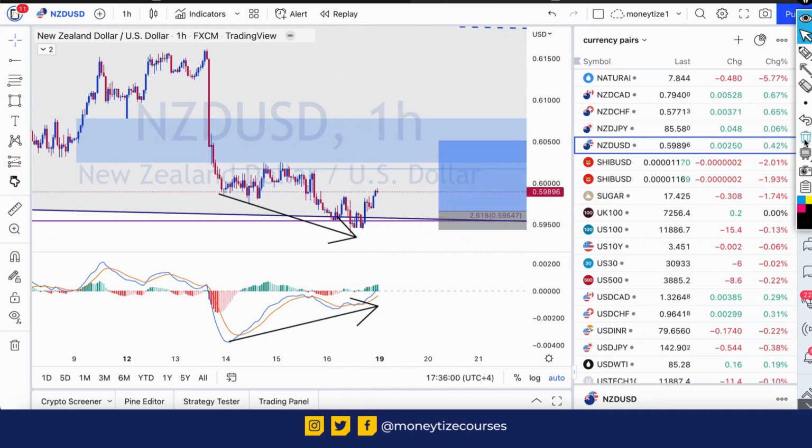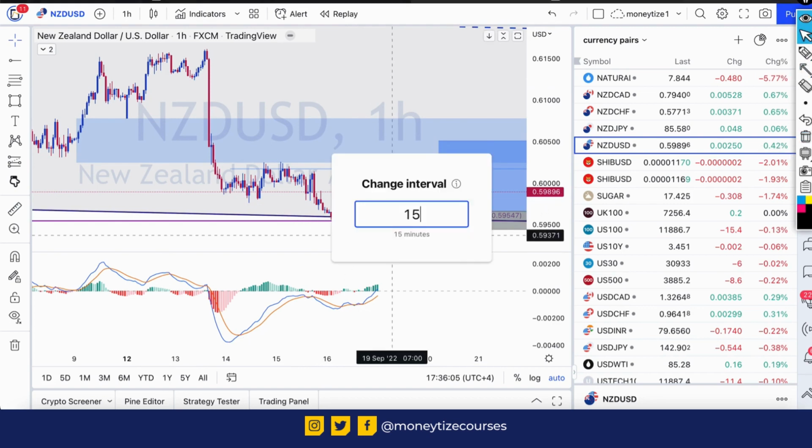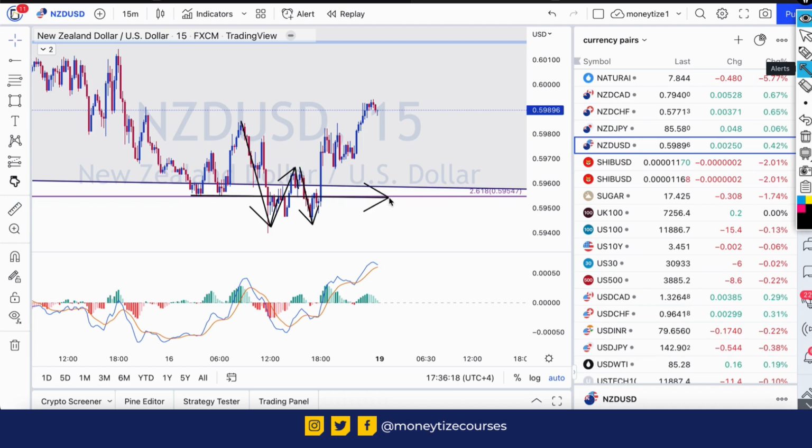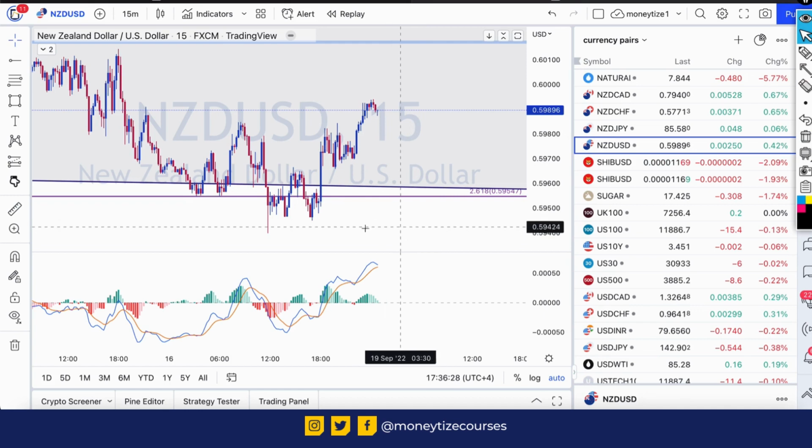Based on 15 minutes, it seems that it has already broken the structure to the upside. Yes, it has broken the structure to the upside. Push down, W pattern, clearing the previous lows, push to the upside, consolidation, and now moving up. So 15 minutes is giving a clear bullish scenario.